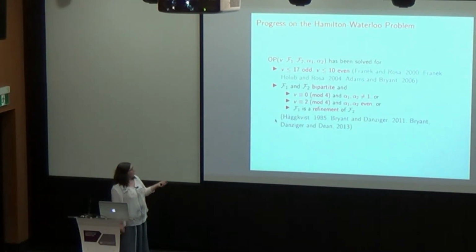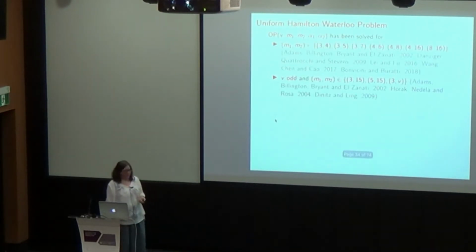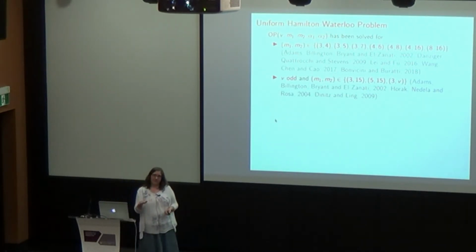It's been solved when the factors are bipartite with some exceptions, and this is due to Haghighi, Brian Danziger, and Brian Danziger. I'm going to focus from now on, though, on the uniform case.